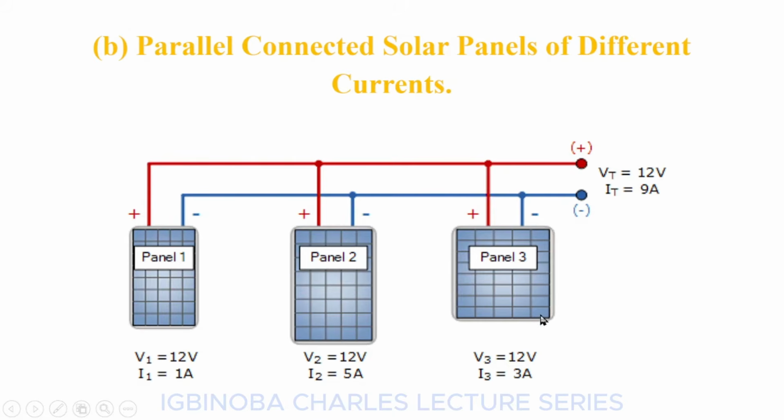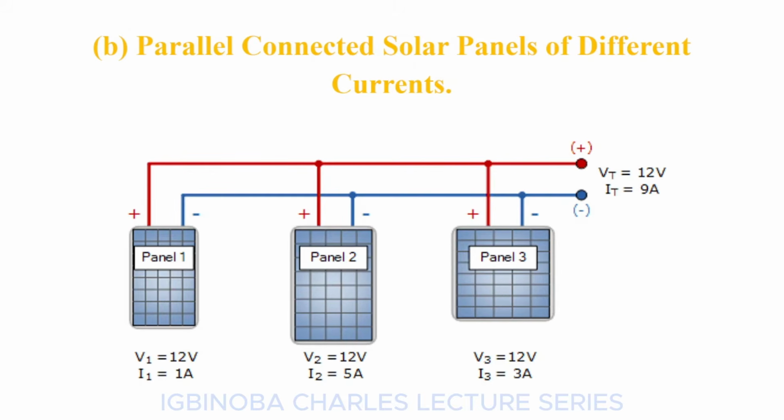Then panel 3 has 12 volts, 3 amps, making a total power of 36 watts. Again, if you add all the individual power of the panels, you get the total power.